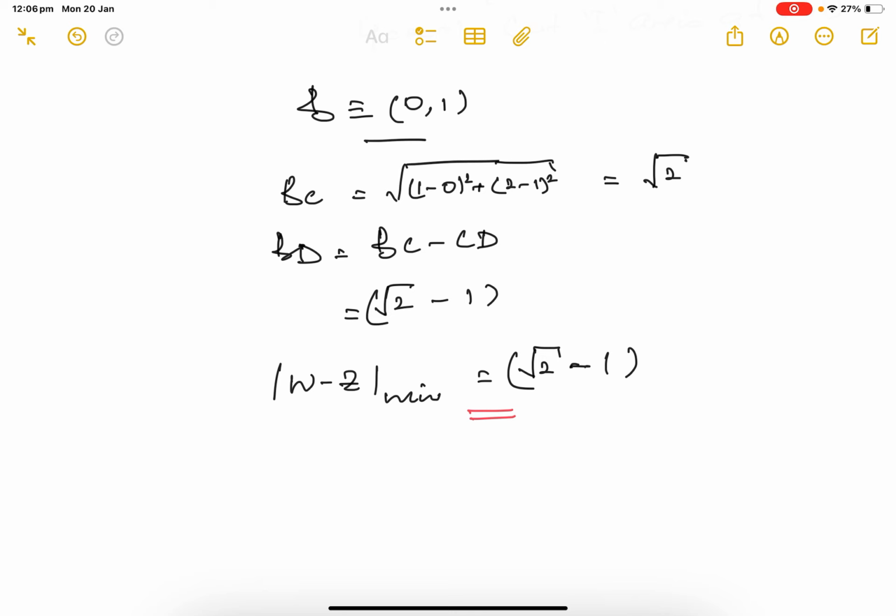BC we just found is root 2. CD is the radius of that circle, which is 1. So root 2 minus 1. The BD is root 2 minus 1. Therefore, the modulus of W minus Z, the minimum value, is root 2 minus 1.